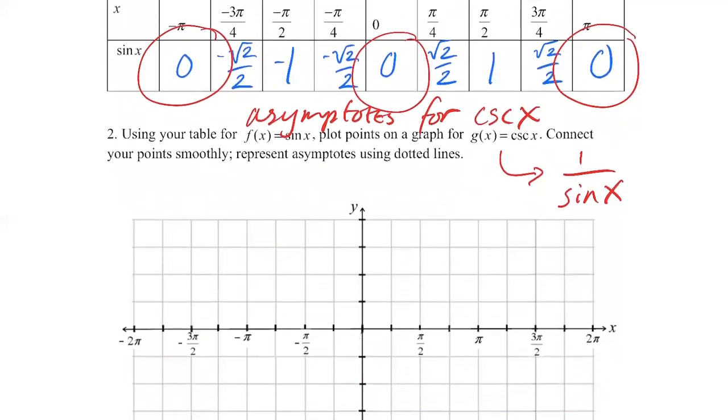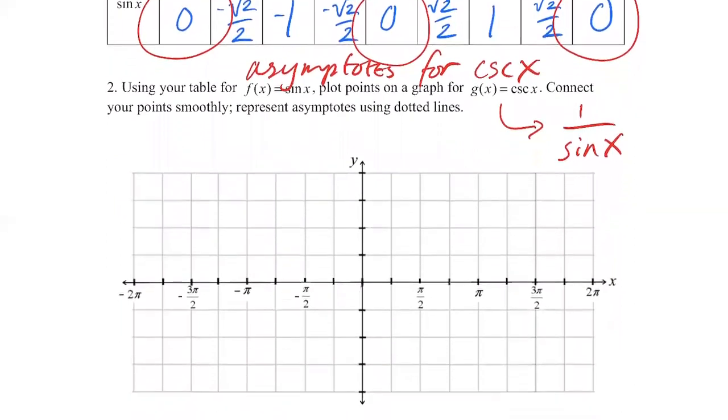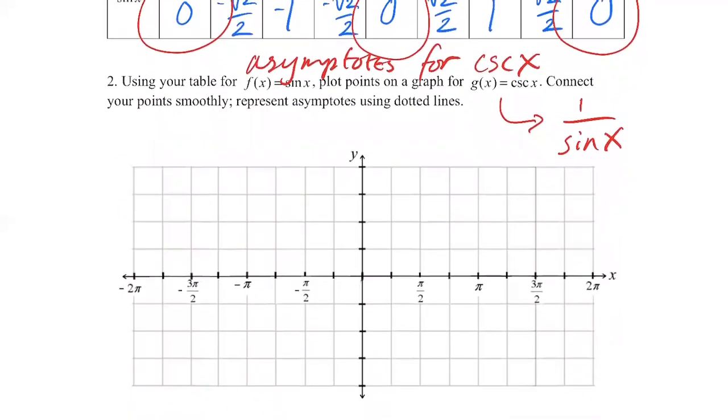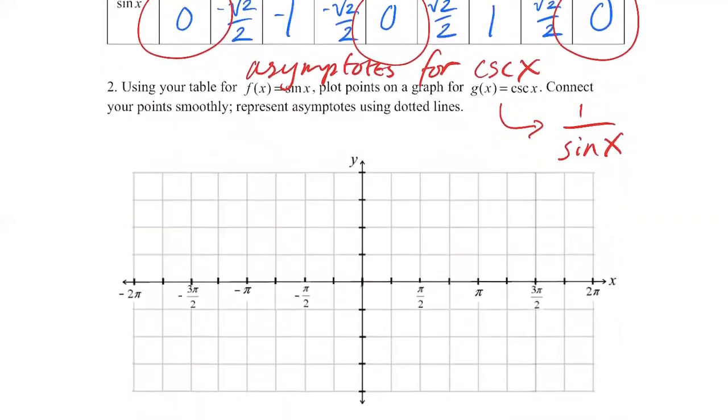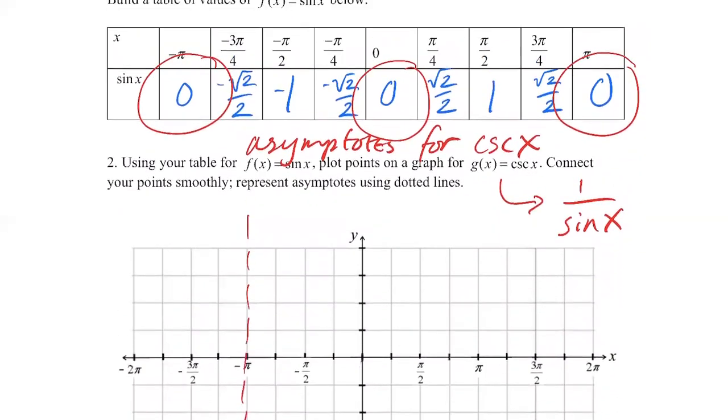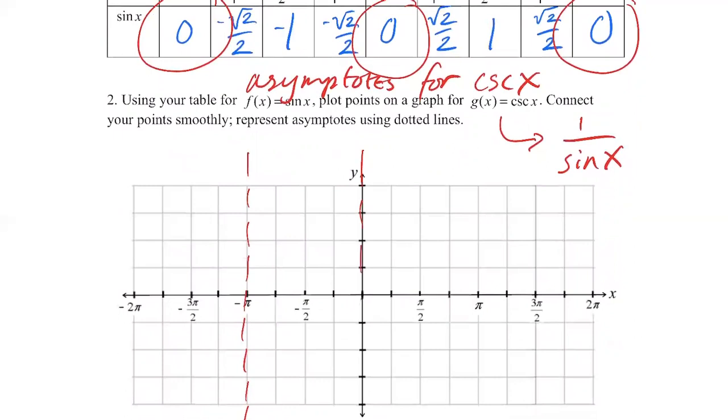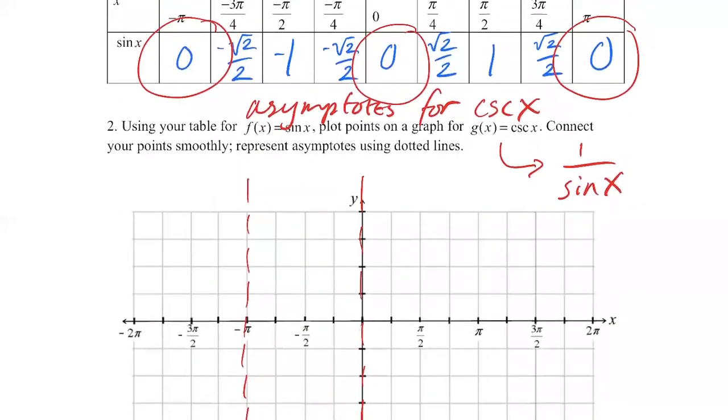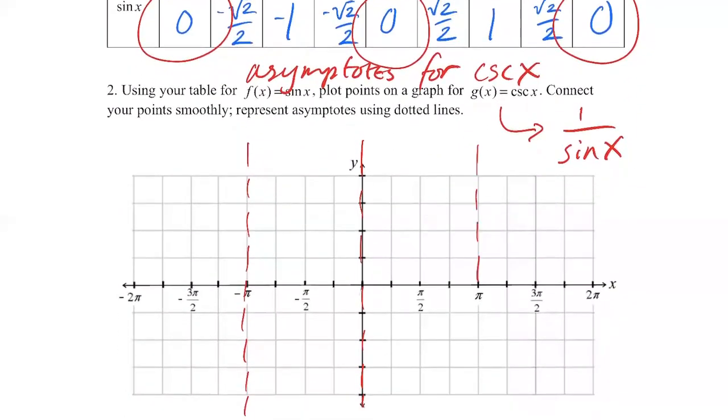And let's go ahead and get these asymptotes onto the screen. We'll represent them as dotted lines. So we have them at negative pi. We have one at 0. We have one at pi. And we could project that we would also have asymptotes at negative 2 pi and asymptotes at 2 pi.